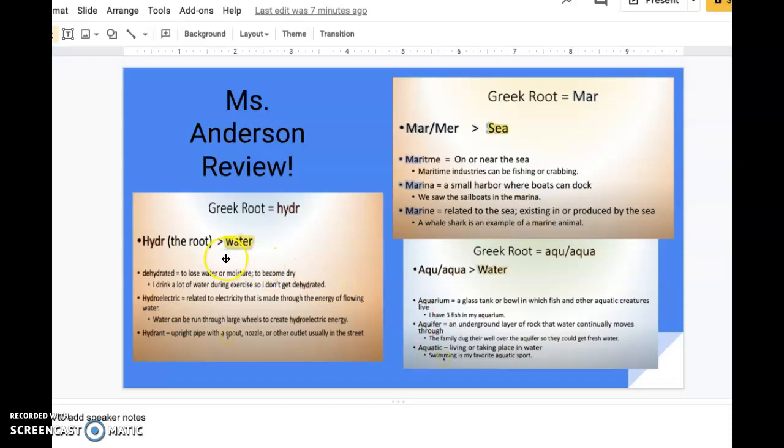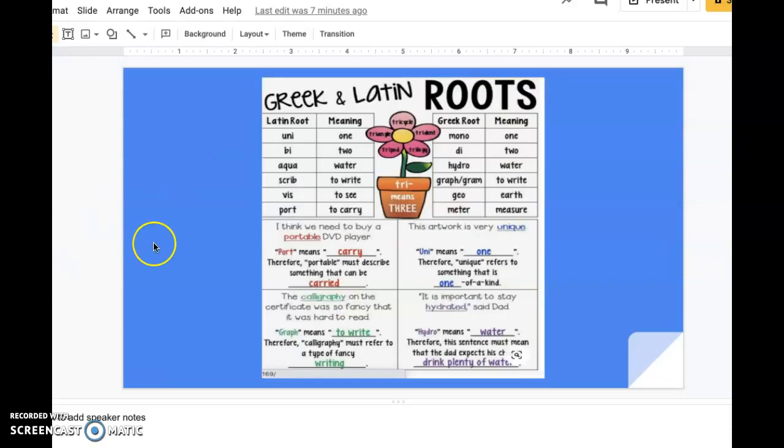She also talked about how hydra, the root is water, and mar is the sea. All right, we're going to move on. I just wanted to share some more Greek and Latin roots. Here are some more, and I wanted just to review a few more of them.